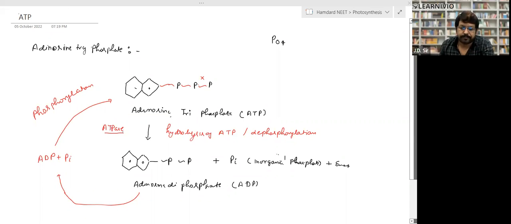Full stop. It is universally found in all organisms.